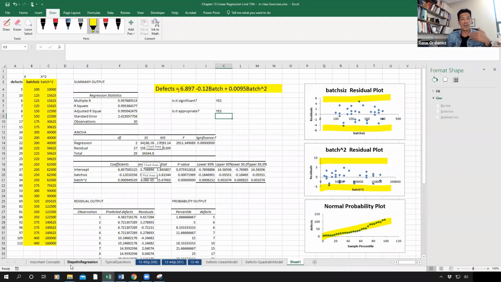So if you were asked to estimate the number of defects that will be produced by a batch size of, say, 200, how many defects are expected?